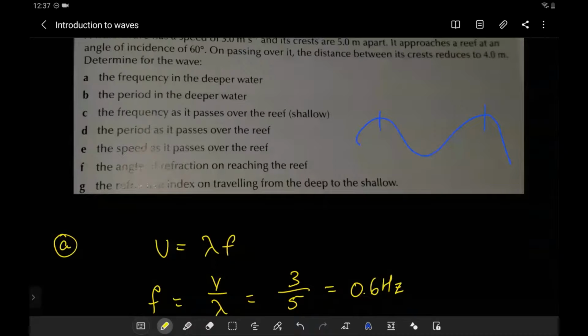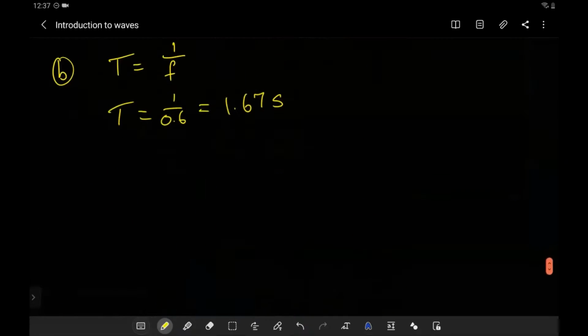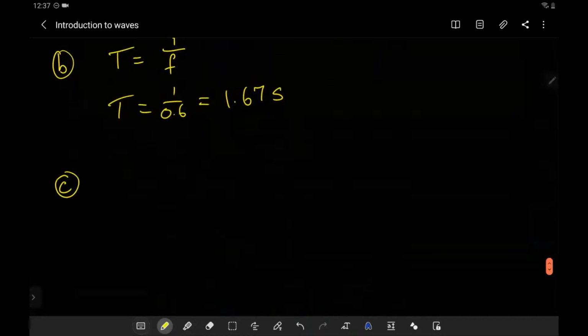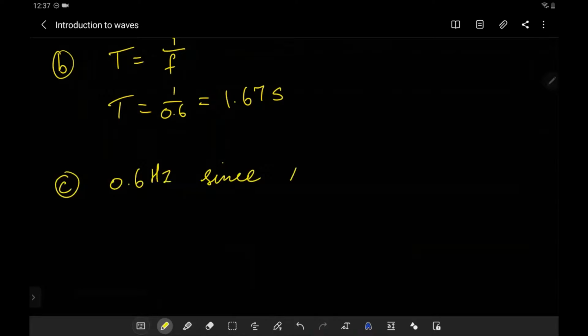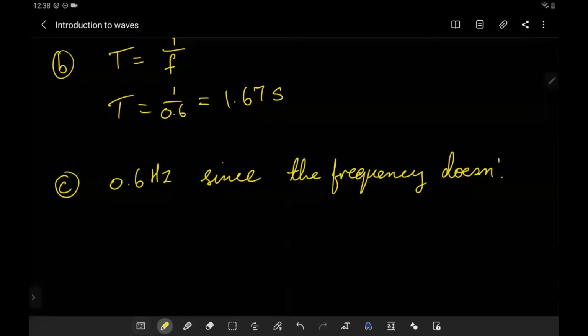Now remember that the frequency of the wave does not change. So C is also 0.6 hertz, since the frequency doesn't change.